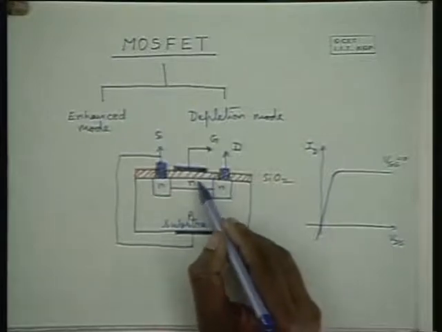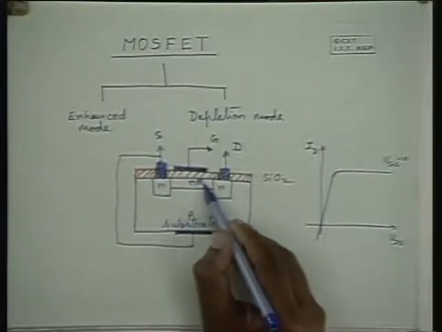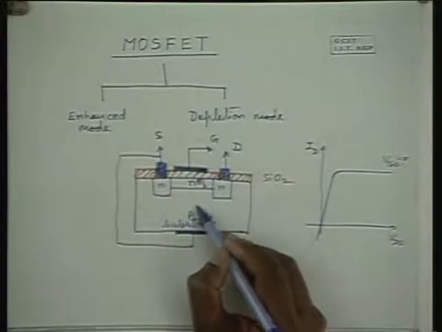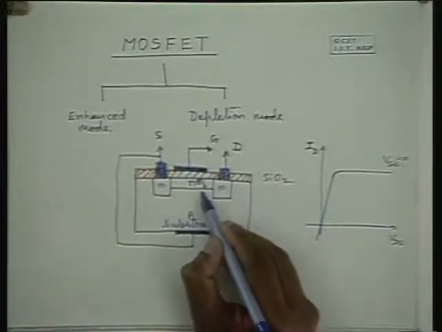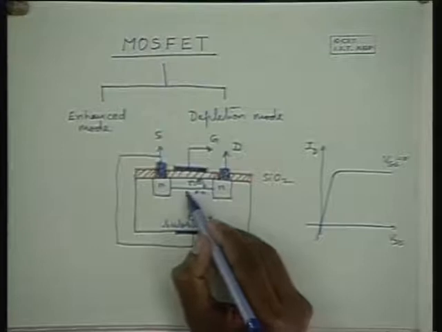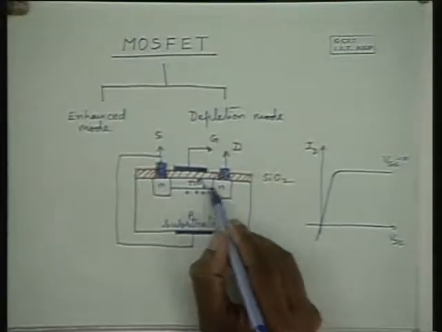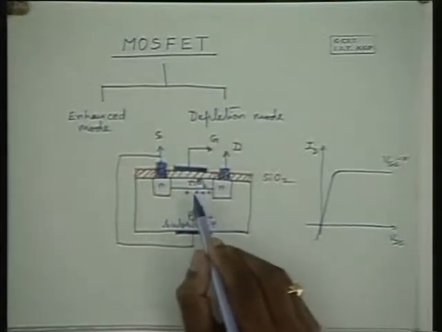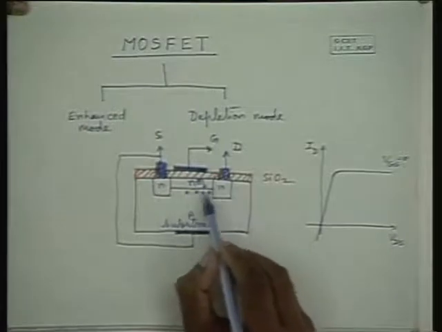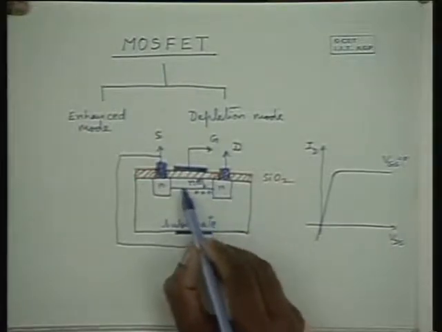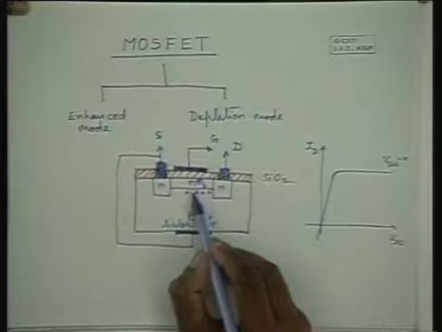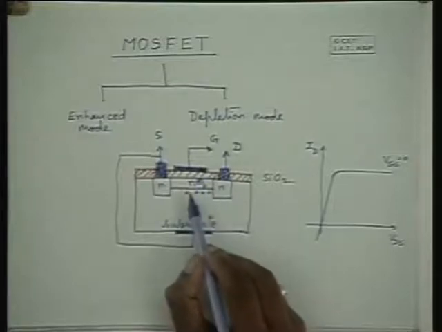And when they are driven, the free electrons are driven towards the P-type substrate. The holes over here on the P side and these electrons recombine, and as a result the free electron concentration goes down in the N-type semiconductor over here.